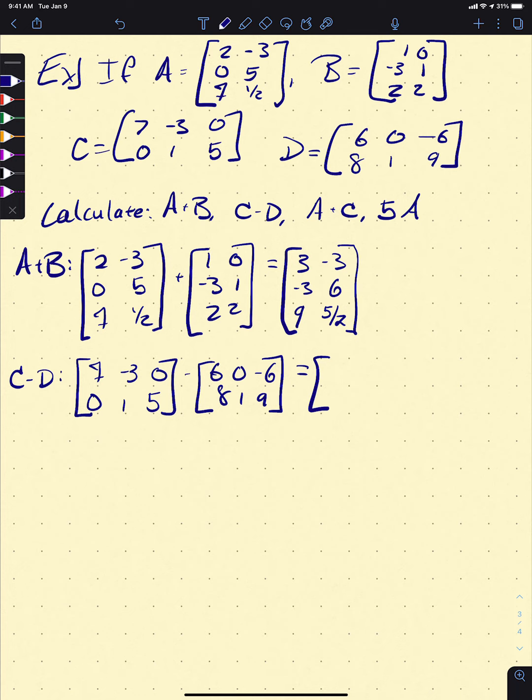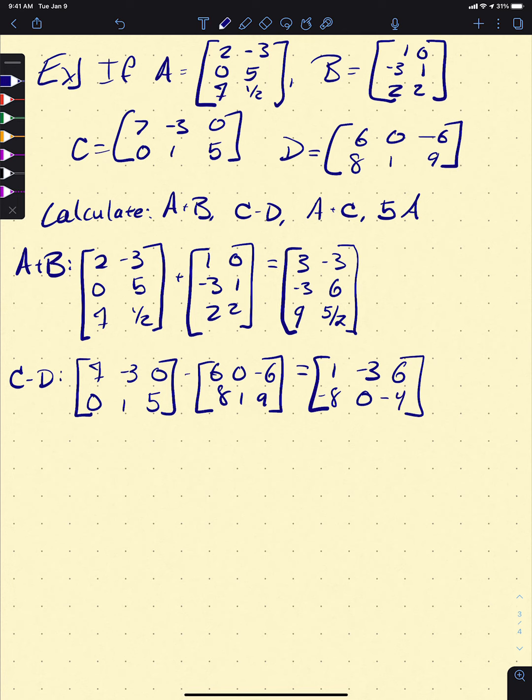So 7 minus 6 is 1. Negative 3 minus 0, well, that's negative 3. 0 minus the negative 6 is positive 6. 0 minus 8 is minus 8. 1 minus 1 is 0. And 5 minus 9 is negative 4.